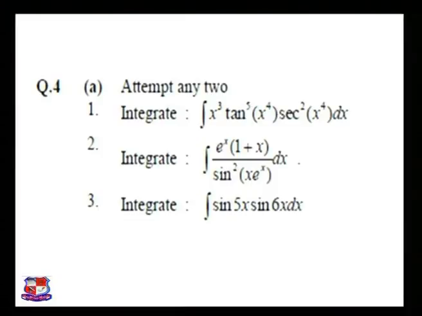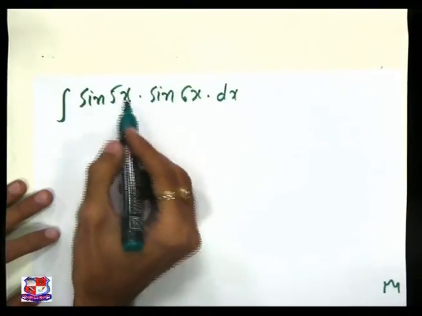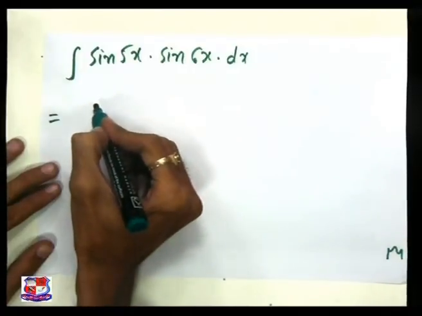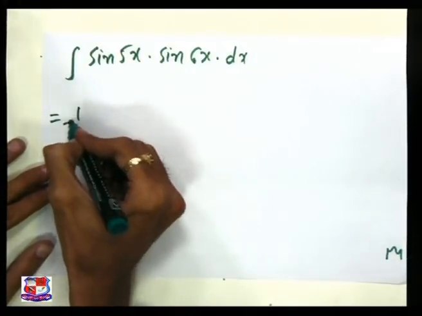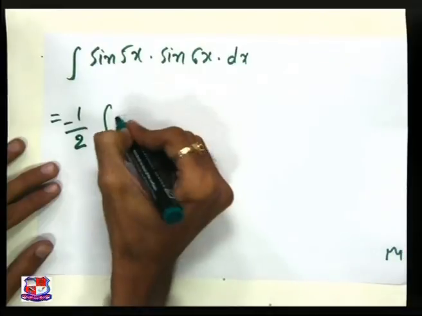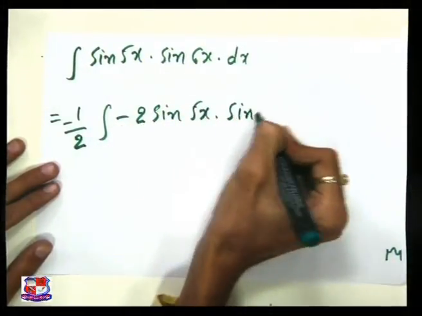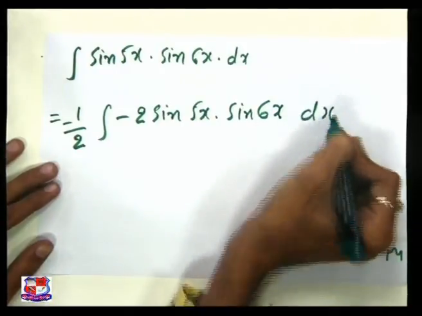Which one is integration of sine 5x into sine 6x into dx. First of all, to evaluate this integration, we need to multiply by minus 2 and divide by minus 2, so this is minus 1 by 2 and minus 2 sine 5x into sine 6x dx, right?